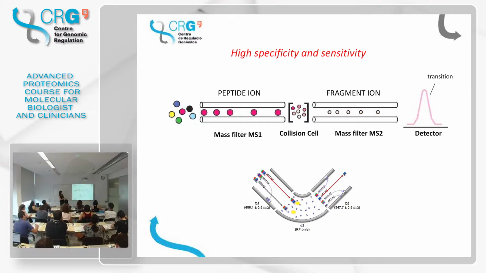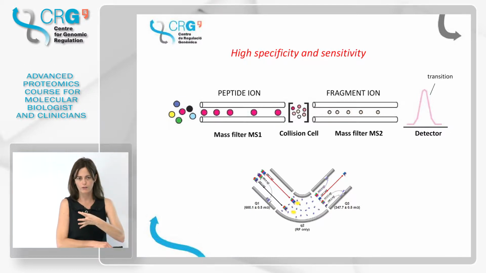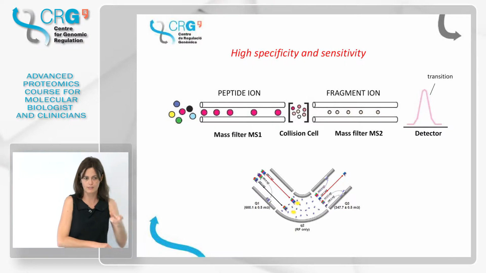Okay, we have a mix of peptides because we digested our sample. We set the first quadrupole to filter by MS1. When I say MS1, it is the mass of the precursor ion, or the peptide. When I say precursor ion, I'm talking about the peptide ion, because it always has a charge.